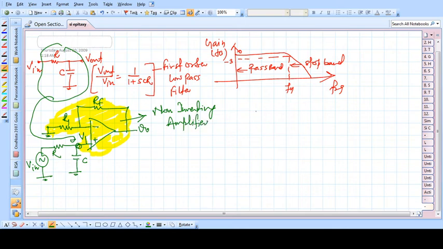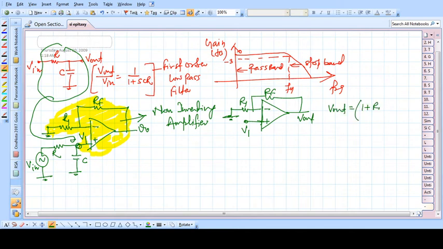Yes or no? This will be the circuit, first RF, and R1 should be grounded. Now this V1, so V output equals 1 plus RF by R1 into V1. Is it clear from the op-amp?